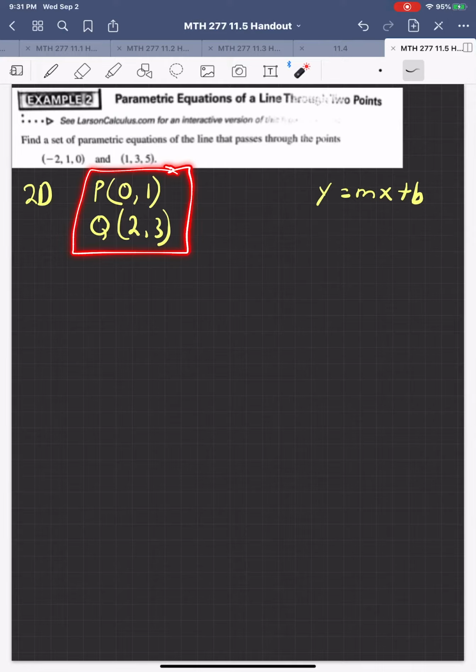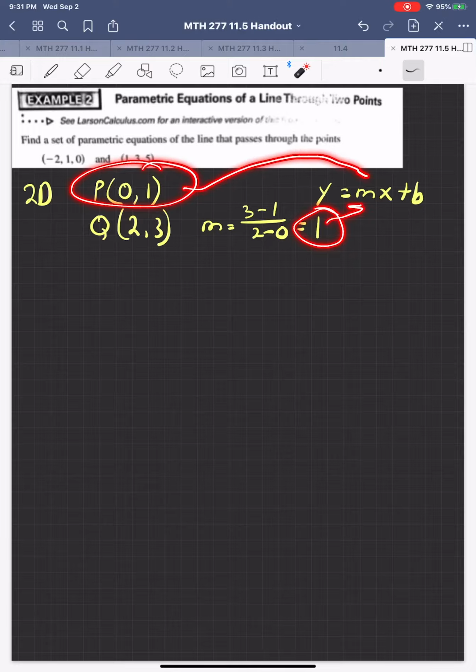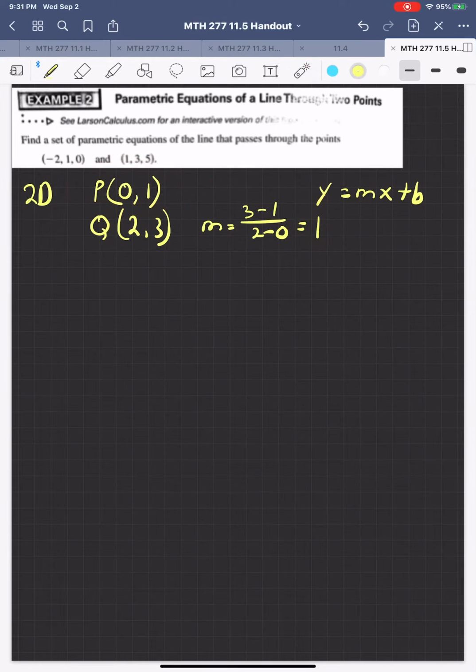You would find the slope given the 2 points. And then you would just use your point and your slope to plug into your point slope formula.